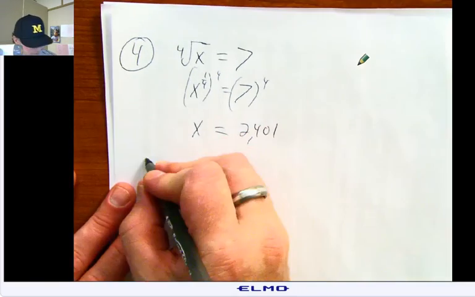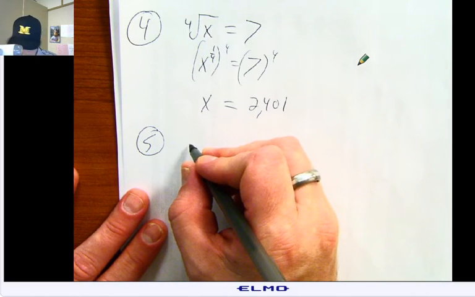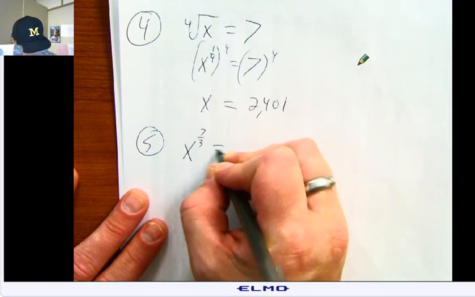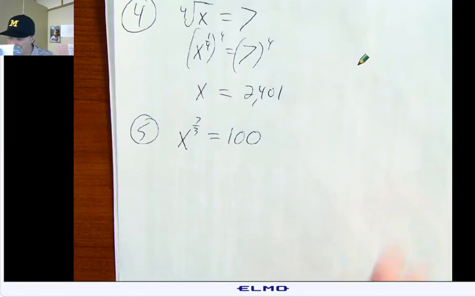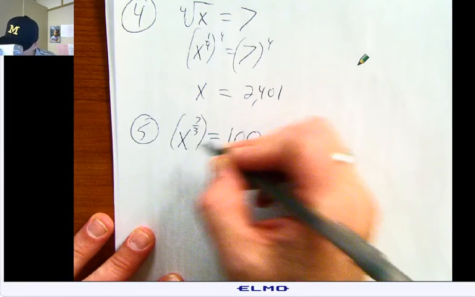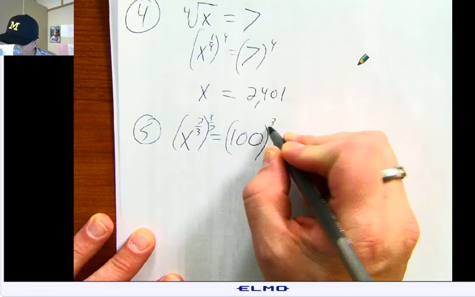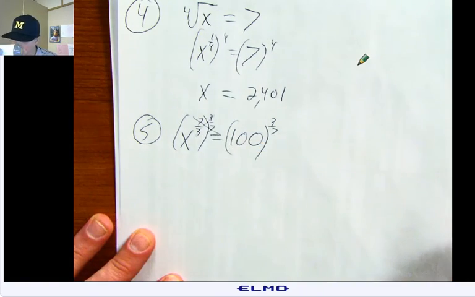All right, example number 5. x to the 7/3 equals 100. Just like our previous problems, we have to raise this to an exponent. In this case, it would be 3/7, because that is the reciprocal that allows this to cancel out on the left.